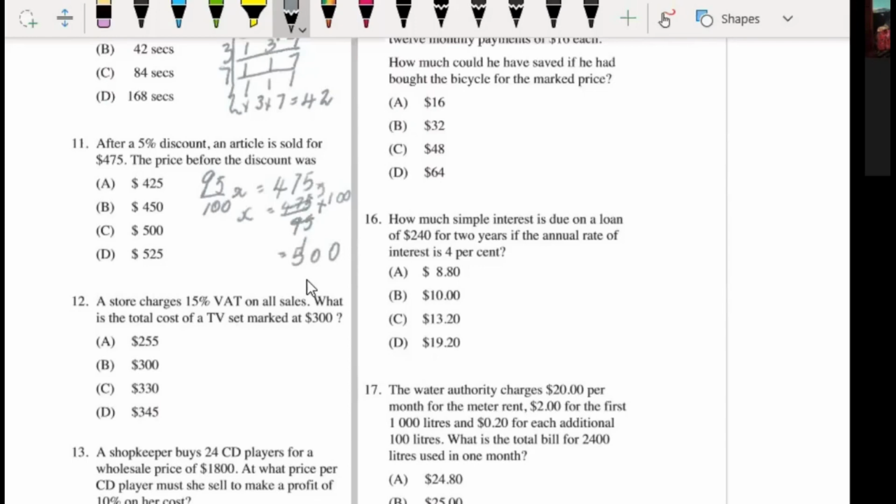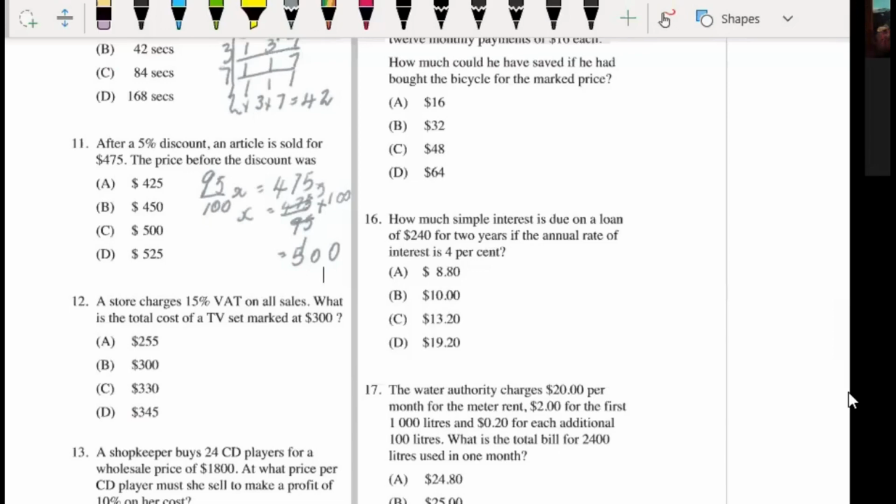All right, question 12. A store charges 15% VAT on all sales. That's a tax. What is the total cost of a TV set marked at $300? Now 15% of 300.